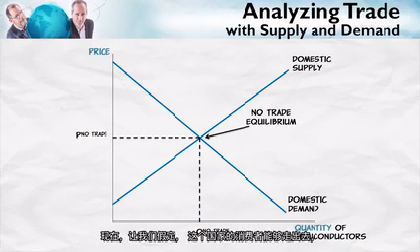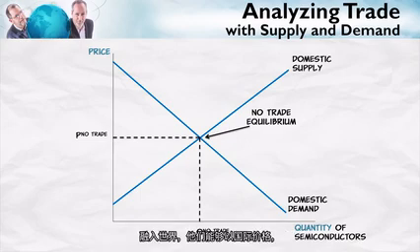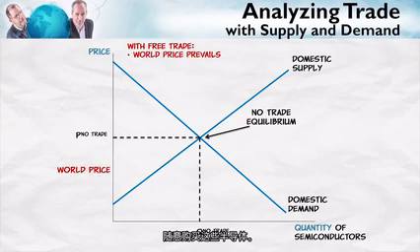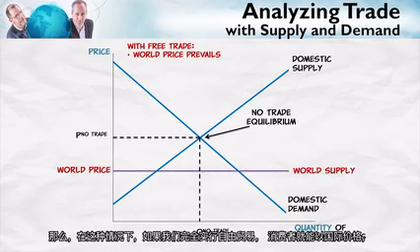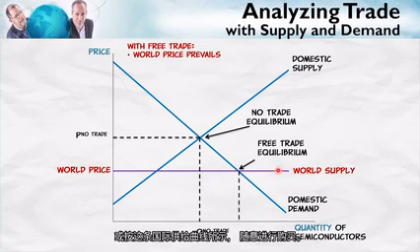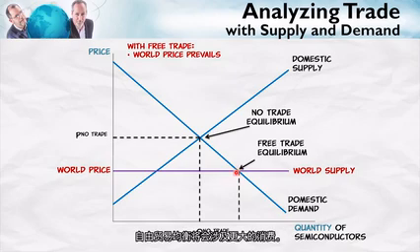trade down here. Now let us suppose that the consumers in this country can go out into the world and they can buy as much of these semiconductors as they want at the world price. So in that case, if we had complete free trade, consumers would be able to buy as much as they want at the world price, as given by this world supply curve. The free trade equilibrium then would involve greater consumption.